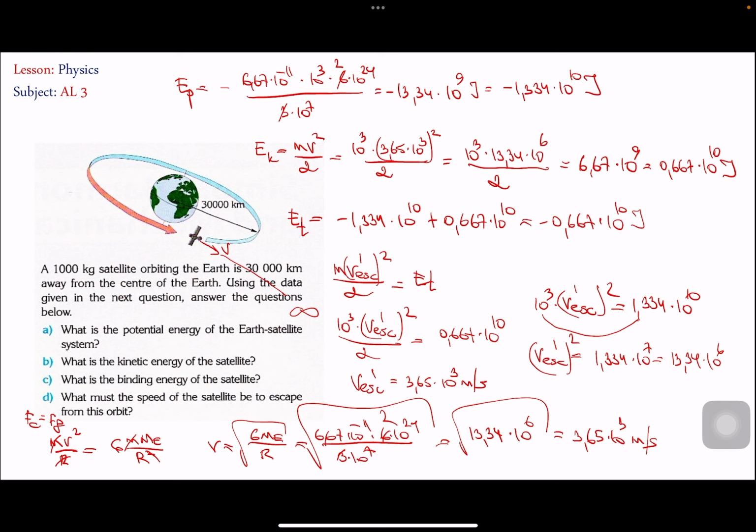Then I calculate the kinetic energy. If I find the kinetic energy, I just add these two to get the total energy. And then, to find the escape speed, I have to equalize the kinetic energy that you have to give to a satellite to launch and escape with this total energy. I hope that you understand.